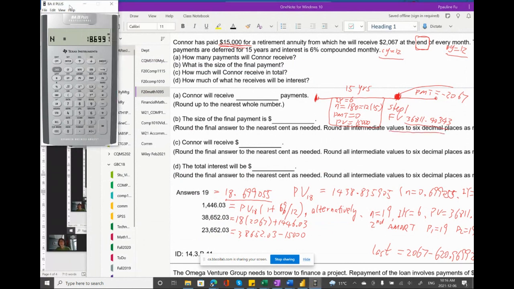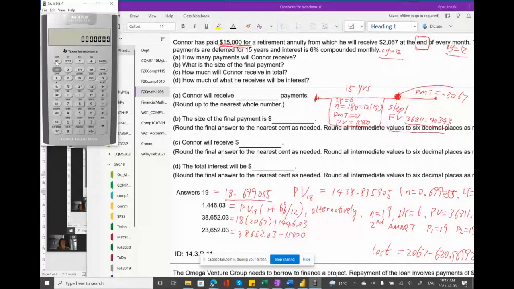This answer is still not satisfactory. I only have 4 decimal places. So I need to change my calculator again to have 6 decimal places. And you also need to do this. Read requirements. This is financial mathematics, and it demands accuracy. I go to second, quit, second, format, type in number 6, enter, second, quit.